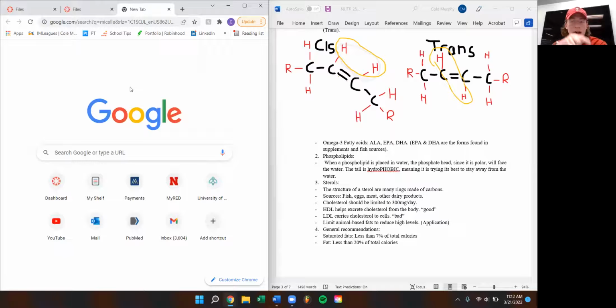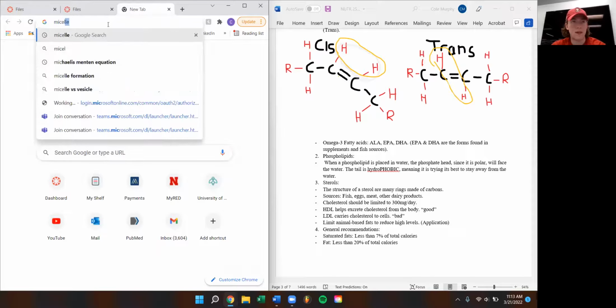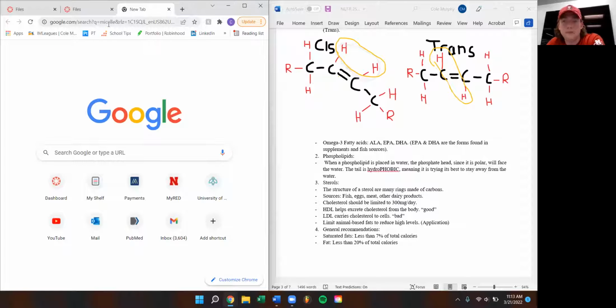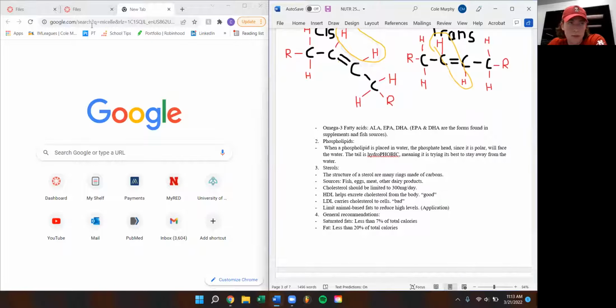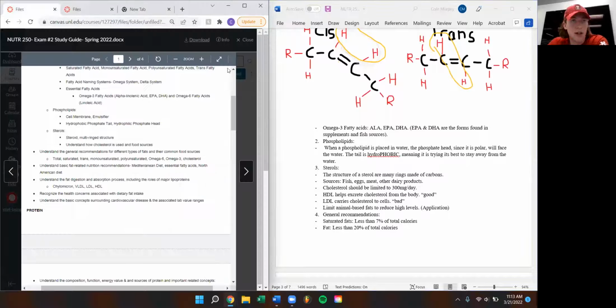But it's pretty much all the heads are on the outside, and then all of the tails are kind of coming in together to form like a circle. So they're all trying to stay away from the water. Well, looks like we're not looking at it. So we'll keep on going to sterols.